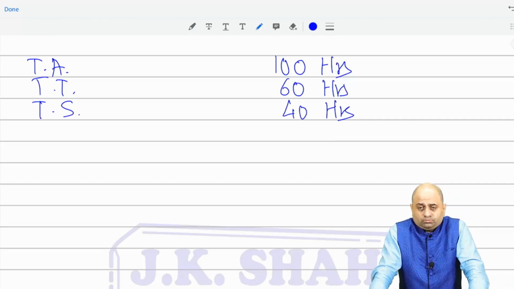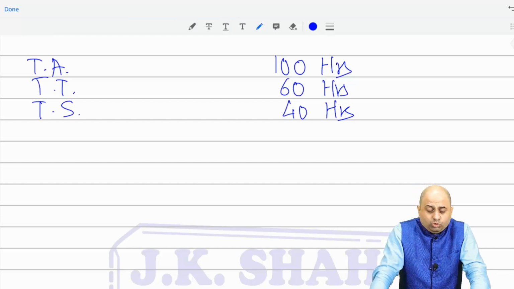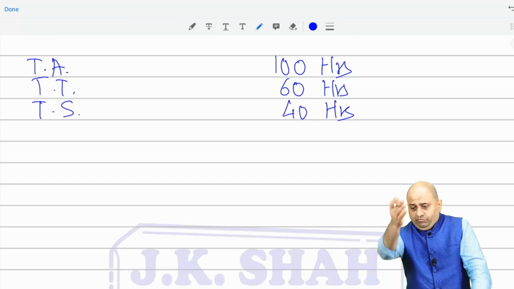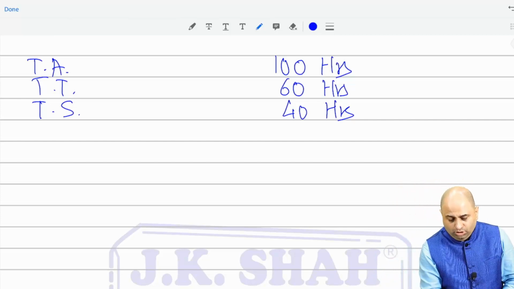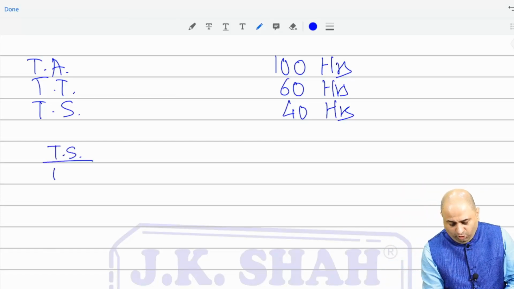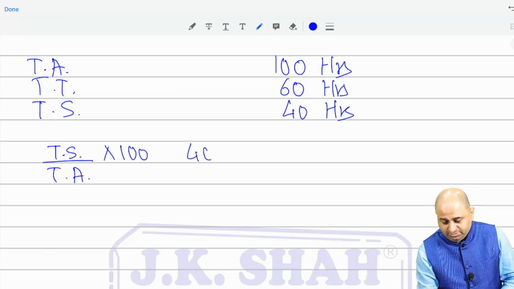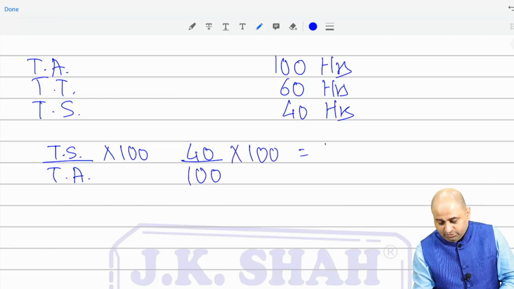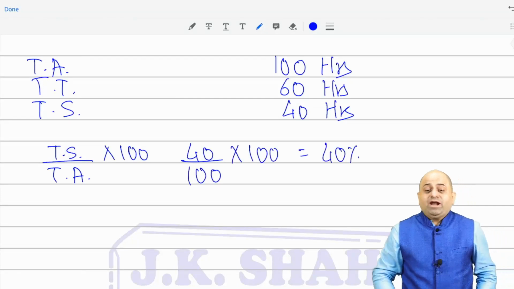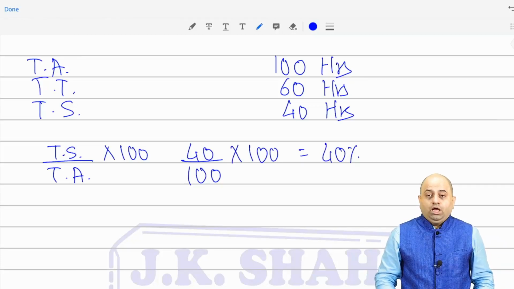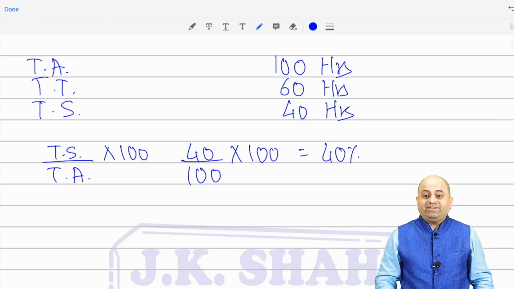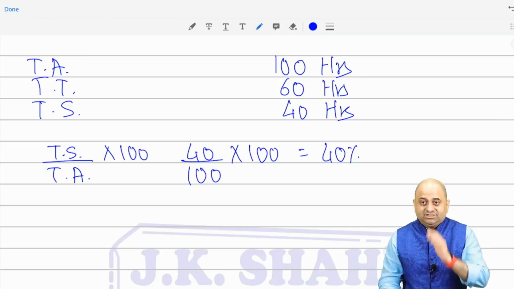Now, we are told that we are supposed to calculate percentage of time saved to time allowed, which means time saved upon time allowed into 100. So time saved is 40 upon time allowed is 100 into 100 is equal to 40%. What does 40% mean? 40% means that you have saved 40% of time allowed. That's the simple meaning.